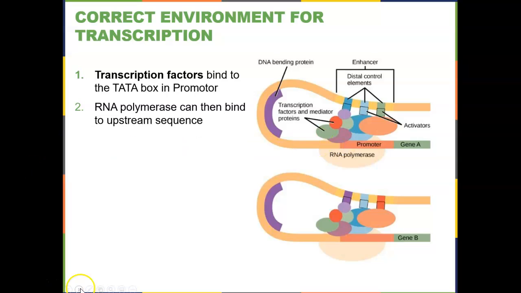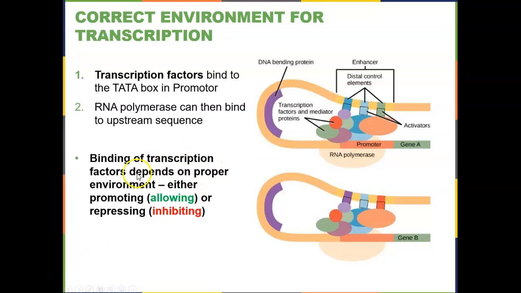Additionally, these transcription factors can be influenced by other either activators or inhibitors. So if these other regions have activators associated with them, then this will help the transcription factors bind and get the RNA polymerase going. Here in this particular case, we see that we have a repressor that binds.